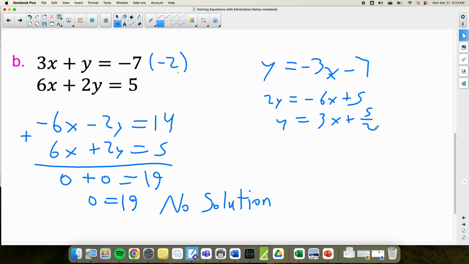So both of the slopes are the same, but the y-intercepts aren't the same, so that means it would be no solution. If you find that it's infinitely many solutions, the slope and the y-intercept would both be the same, so you'd have the same line. Does that make sense? Okay.